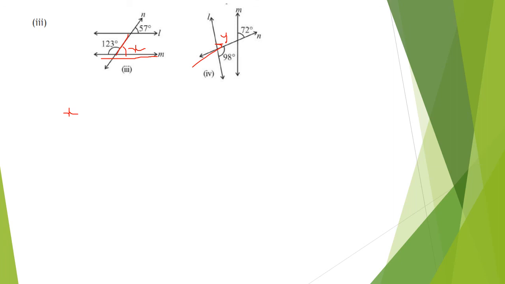So we can write 123 degrees plus x is equal to 180 degrees. If x is equal to 57 degrees, then if you add 123 degrees plus 57, you should get 180 degrees because this is a linear pair. If this condition is satisfied, then we can say L and M are parallel lines.